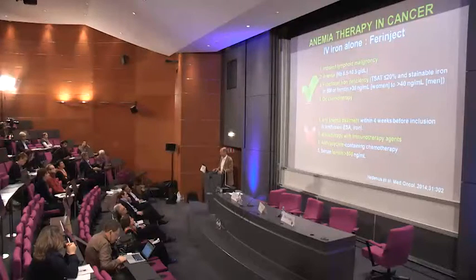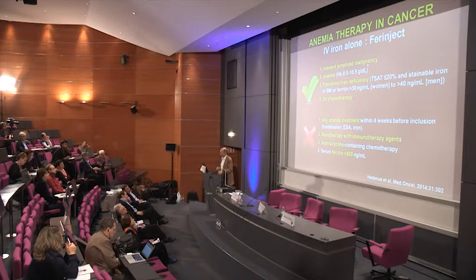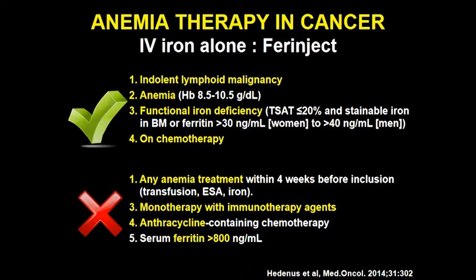There is only one randomized trial with IV iron alone. It's the last study I'm going to present. It's very limited in its scope. In anemic patients with indolent lymphoid malignancy, they present functional iron deficiency, and they are on chemotherapy.